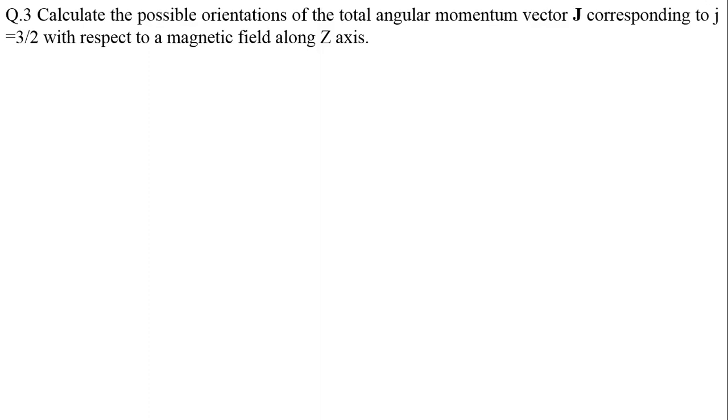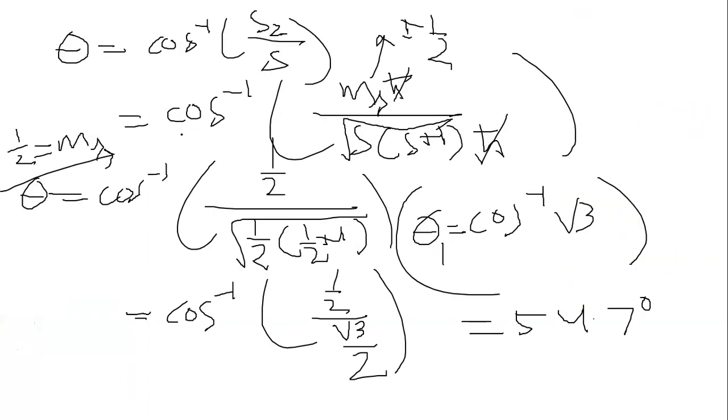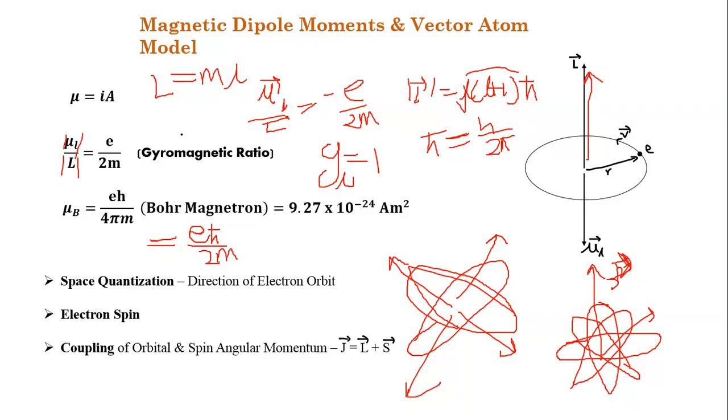So basically, what we know is, as I discussed here, the magnitude of L is root of L into L plus 1 times h cross, and the z component is ML h cross.